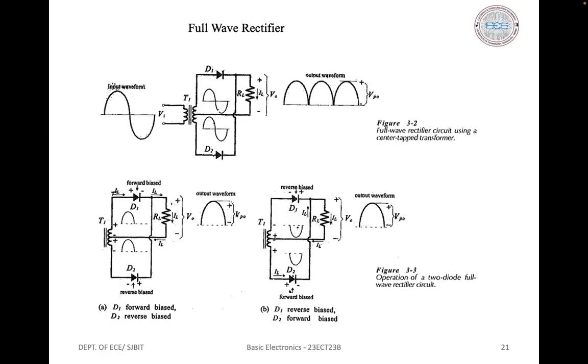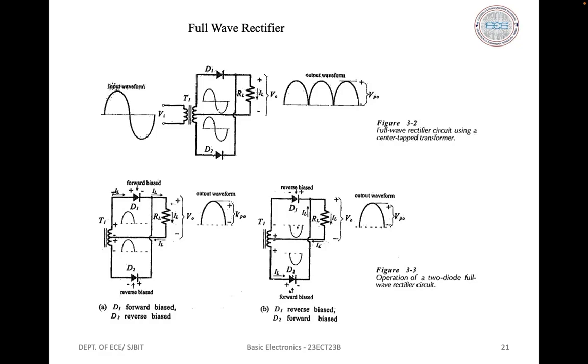When the transformer output voltage is positive at the top, so in figure A, the anode of diode D1 is positive and the center tap of the transformer is connected to the cathode of diode D1 by RL.